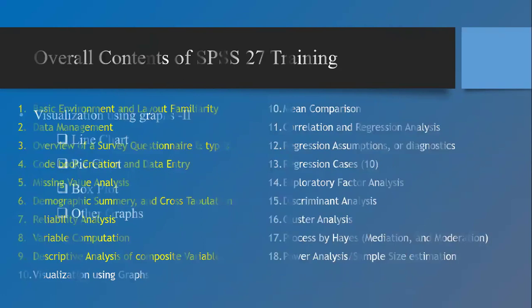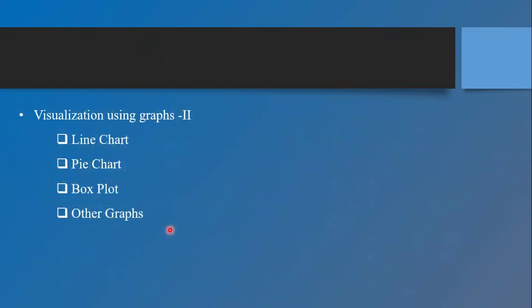So let's start. Today we are going to discuss the following charts like line chart, pie chart, box plot, and other graphs that are available as an option in our SPSS 27.